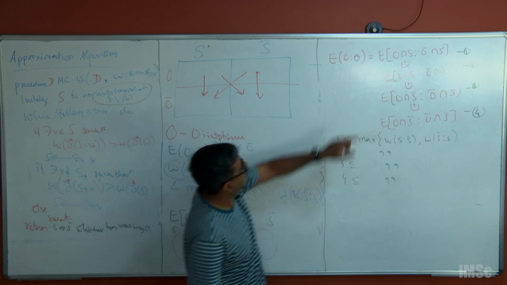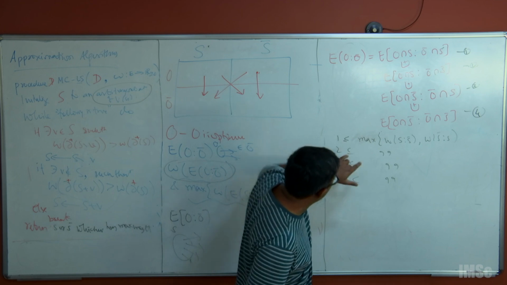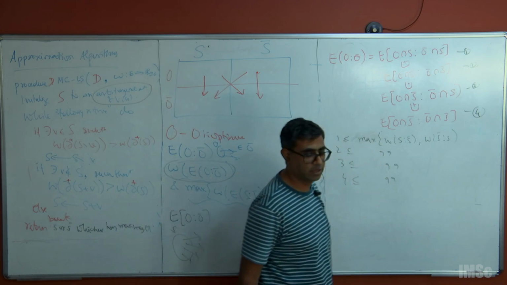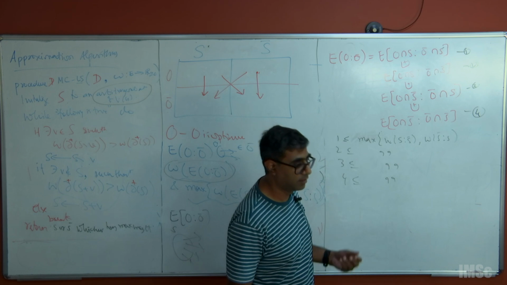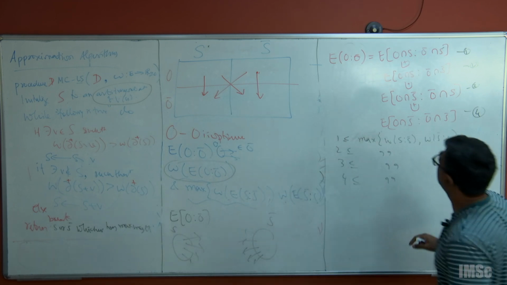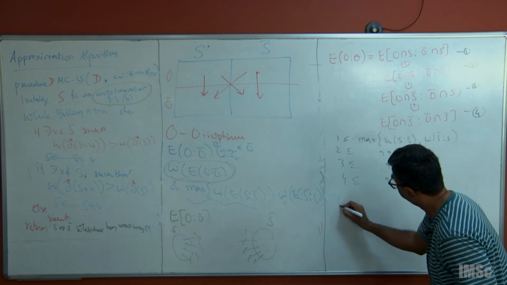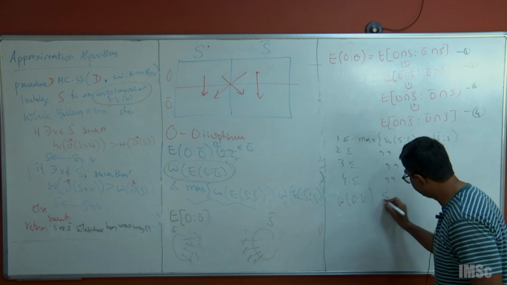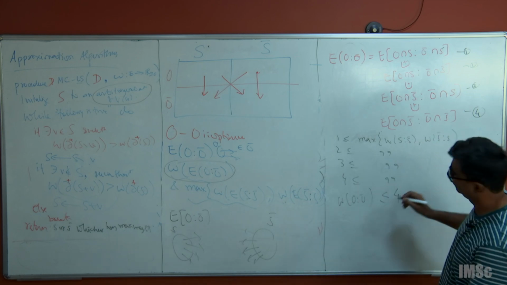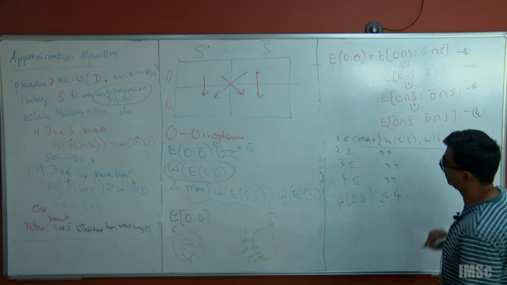Each of these quantities is at most the max of this. Then we can say that weight of O bar is at most 4 times the max of this quantity.